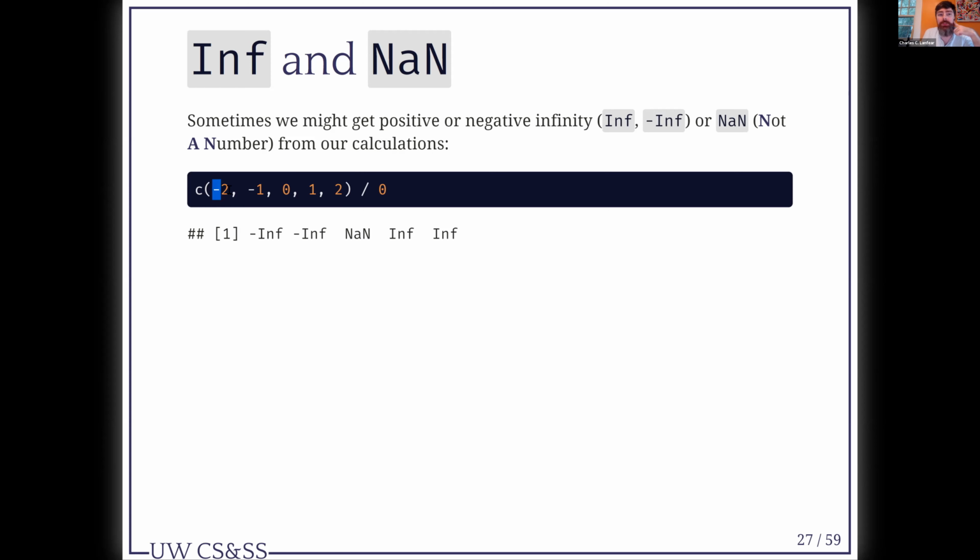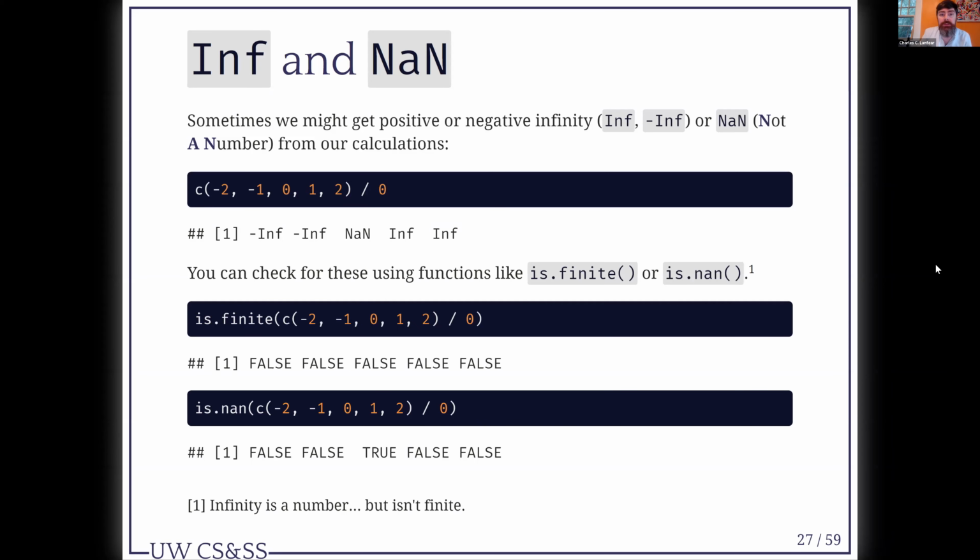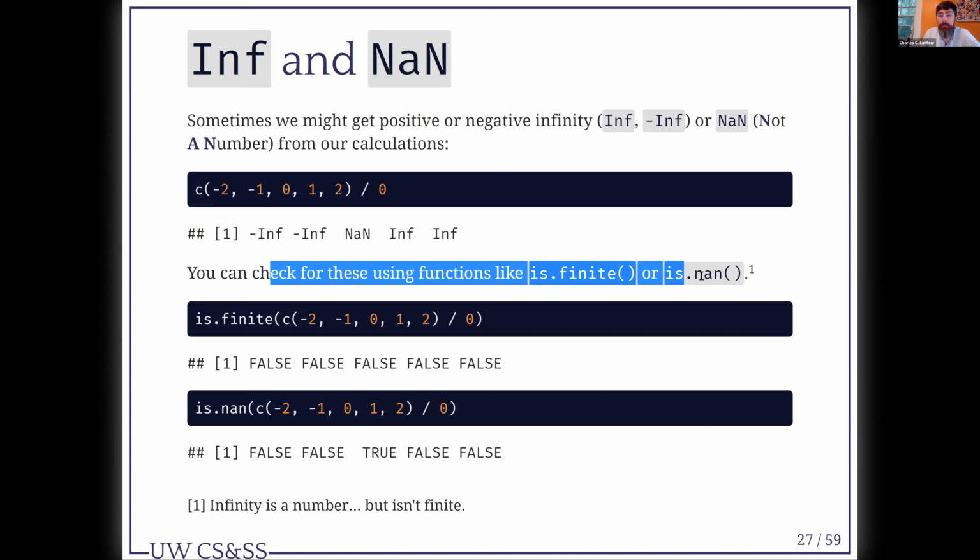If I take the numbers -2, -1, 0, 1, and 2 and divide them by 0, I get this sort of stuff: a negative infinity here, negative infinity here, and not a number, because 0 divided by 0 is not a number. 1 and 2 divided by 0 are infinities. You can check for these values using the functions is.finite or is.nan.